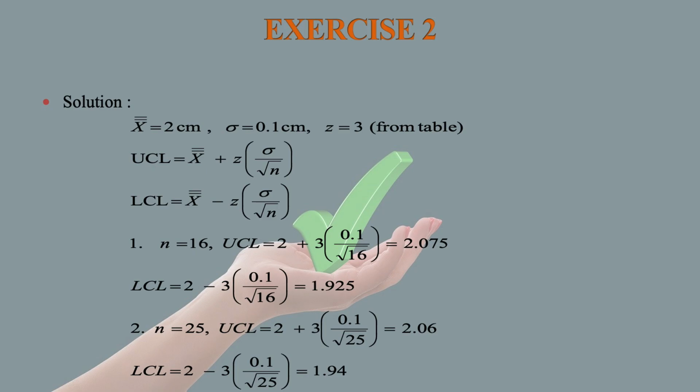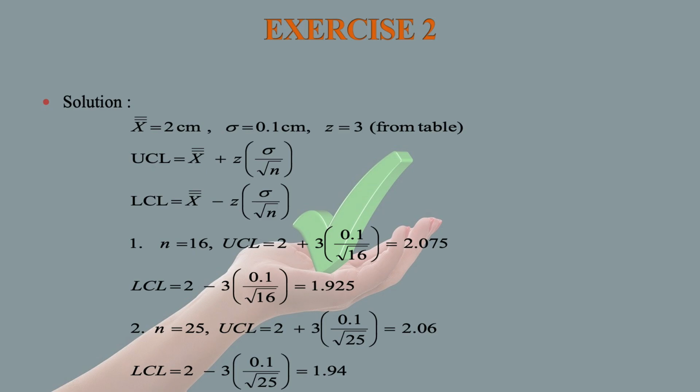Similarly, we can calculate the LCL, that is lower control limit, that is equal to 2 minus 3 multiplied by 0.1 divided by root 16, that comes out to be 1.925. So we have got the upper control limit 2.075 and lower control limit equal to 1.925.